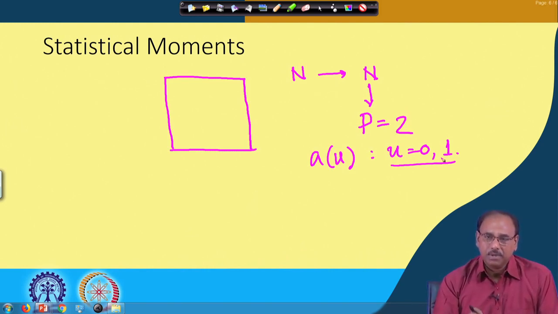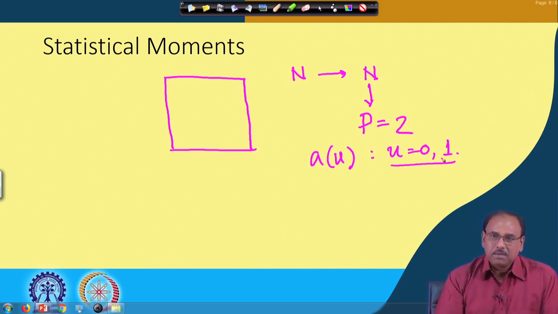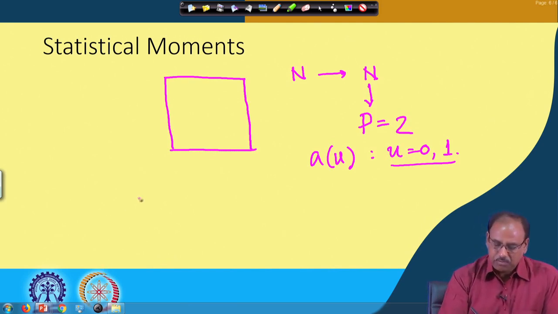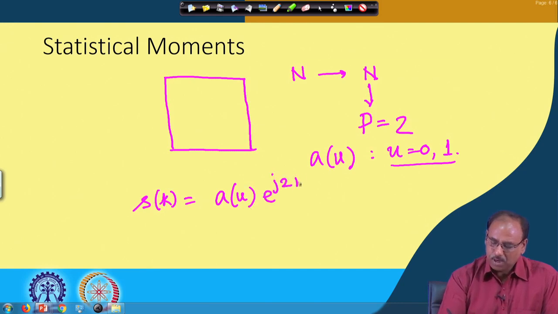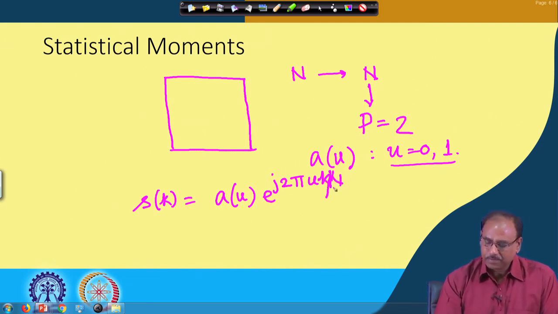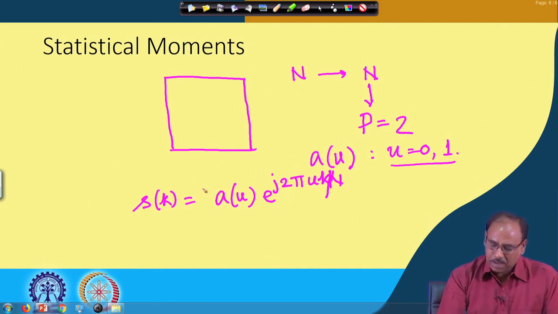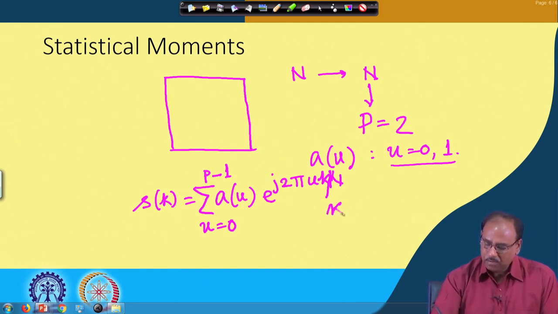So for that my inverse Fourier transformation expression will be s(k) is equal to the sum of a(u) e to the power j 2 pi u k upon capital N, over u equal to 0 to capital P minus 1, and k will vary from 0 to capital N minus 1.